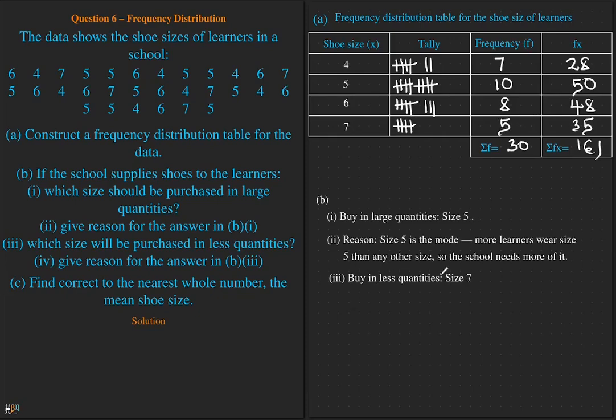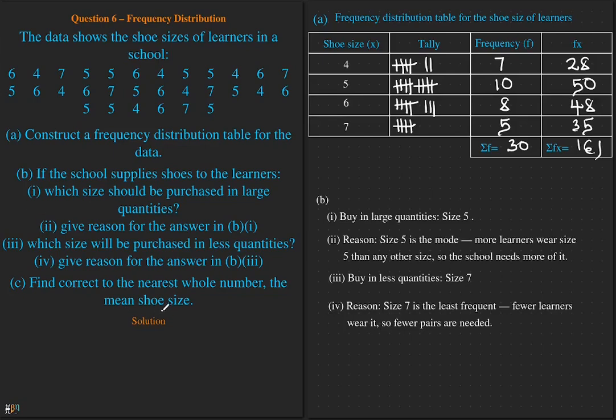So you buy less of size 7. And the reason, your guess is as good as mine. The reason being that it is the least frequent data point and fewer learners wear it. So obviously fewer pairs are needed. So we are done with the explanation part.